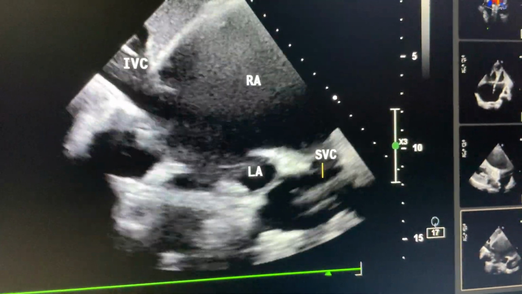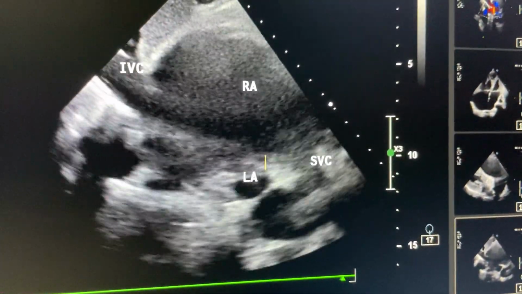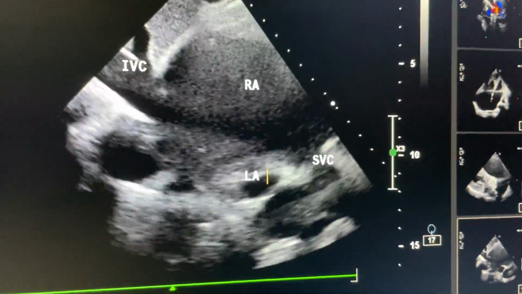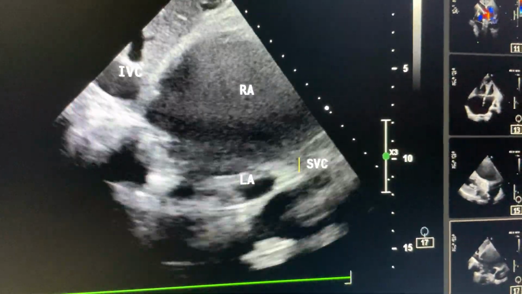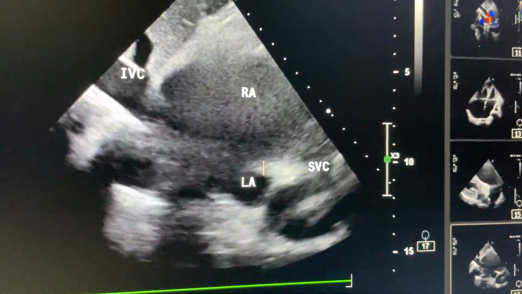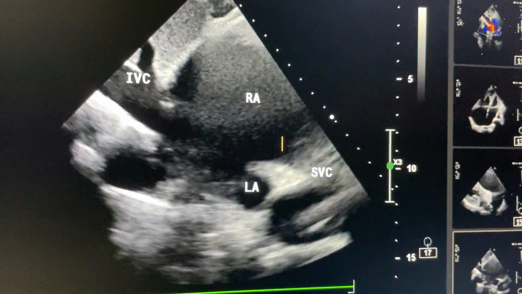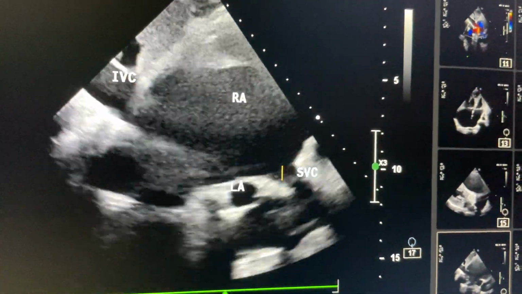You see this SVC is draining into right atrium, and this margin, this is the SVC margin, is intact. This is left atrium, this is SVC, and this is right atrium, and this is the margin, that is anterior septum. This anterior septum is present between right atrium and left atrium, where the SVC drains into right atrium.